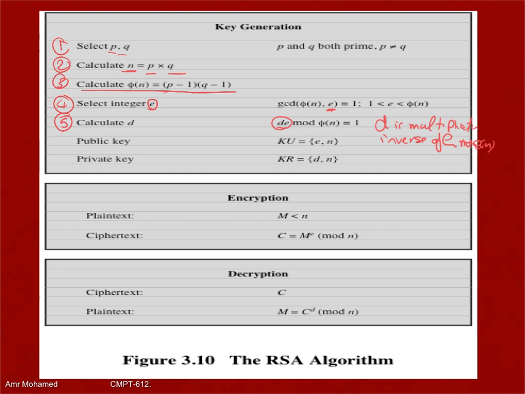And it turns out that this problem is very hard to do unless you know the totient of n, which requires the fact that you know P and Q. You don't know the totient of n.